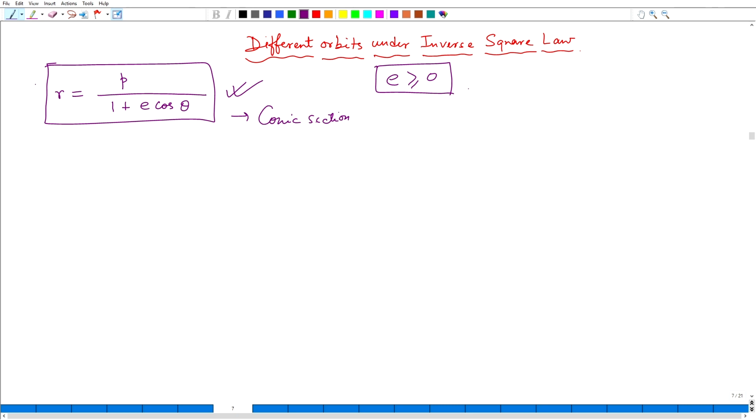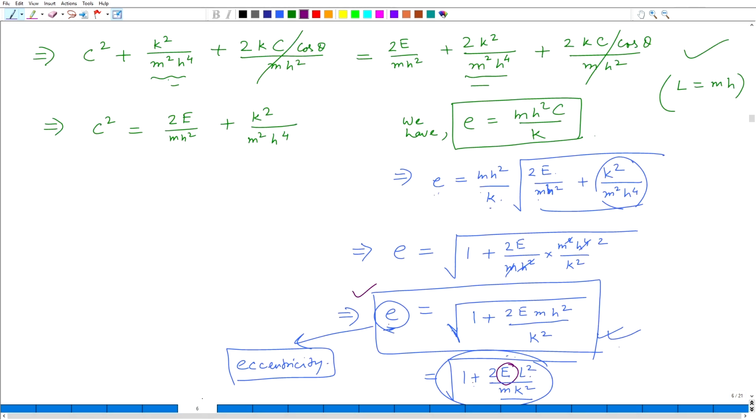Now, I am just taking this equation once again, which we can also show from the Binet equation or any other correct way, that r is equal to p by 1 plus e cos theta. e is the eccentricity, p is the semilatus rectum, and p and e are simply related to the constants of motion. So, they are also constants. So, I can write the exact expression of e to be root over 1 plus 2 E L square by m k square.